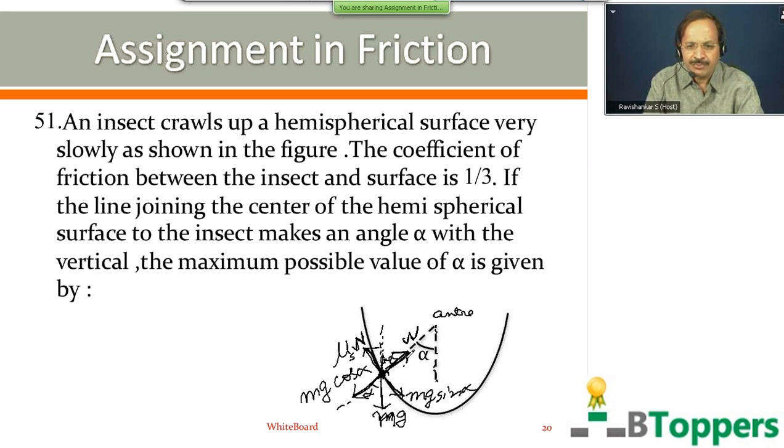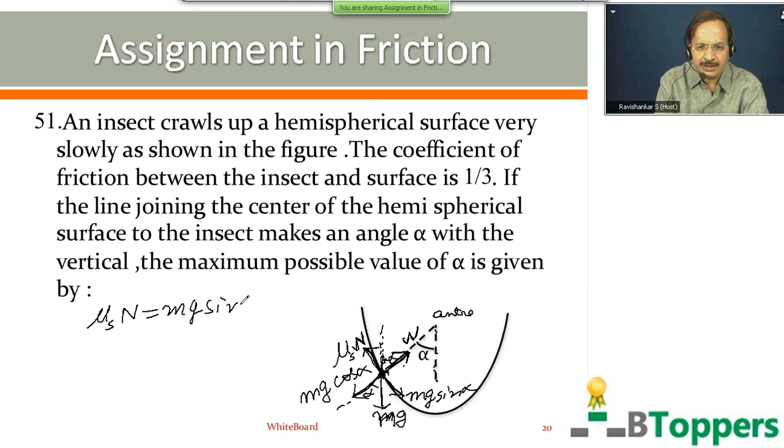Because it is a limiting equilibrium, the component mg cos alpha is balanced by the normal reaction force, and the limiting friction balances the component mg sin alpha. So therefore you can write mu_s N equal to mg sin alpha in magnitude and N equal to mg cos alpha in magnitude.